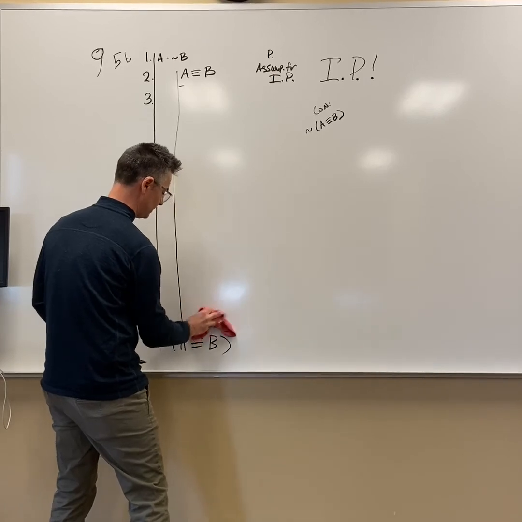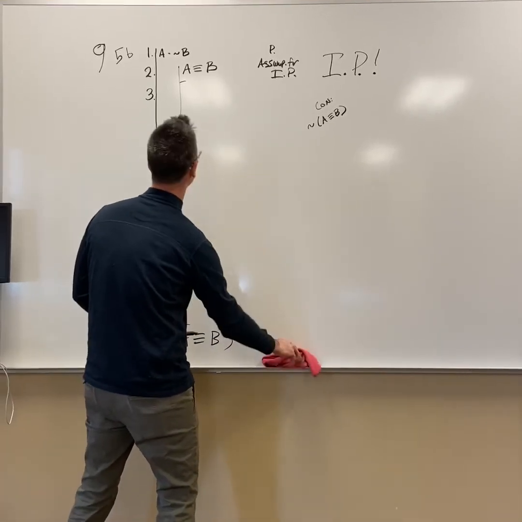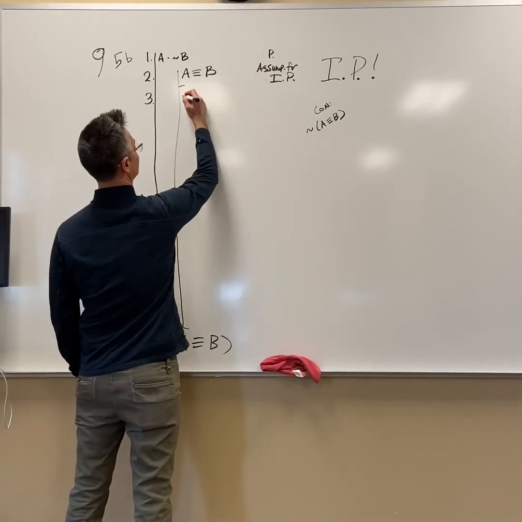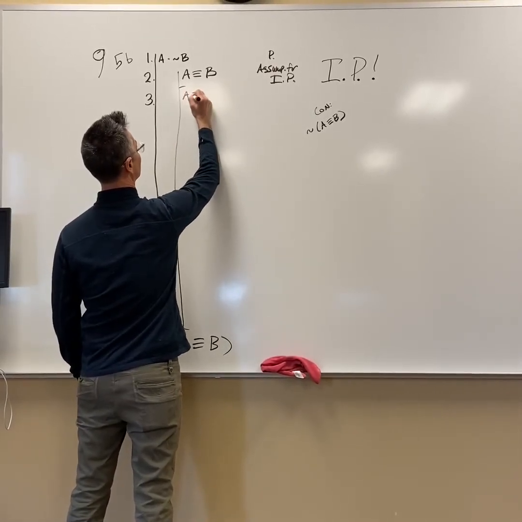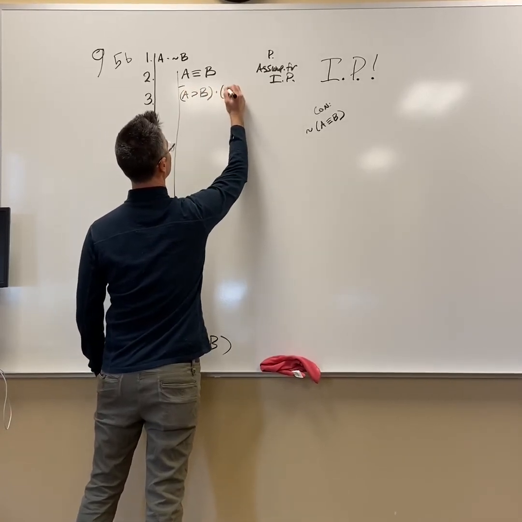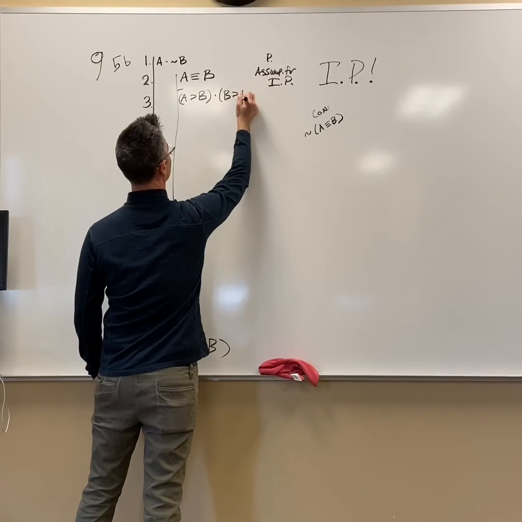All right, so how are we going to get there with this one? Well, you've got a biconditional here, so you can change that if you like. Anyway, you've got biconditional exchange.